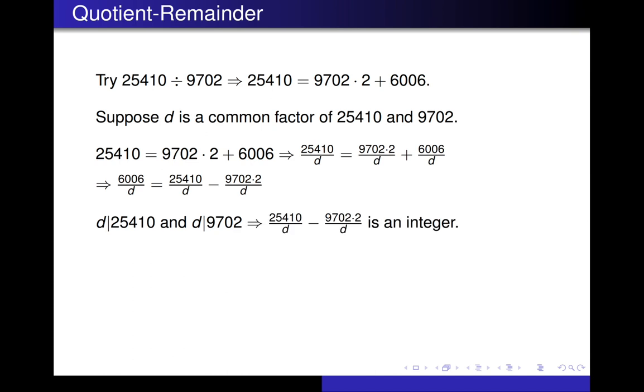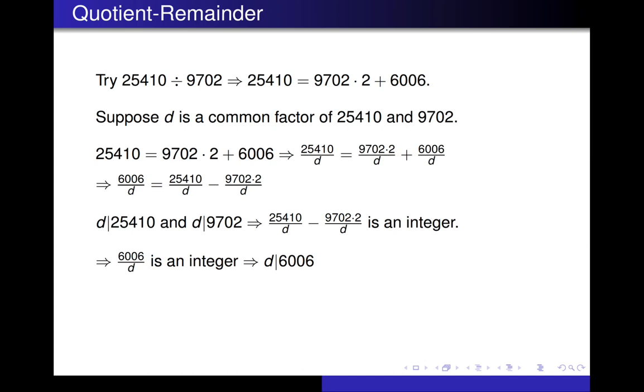And what that tells us is that 25,410 over D minus 9702 times 2 over D is an integer. It divides evenly into the first term. It divides evenly into that 9702, so when we multiply that by 2, also an integer. So everything's an integer there. We subtract two integers, we get another integer. But since that's equal to 6,006 over D, that is also an integer, which tells us that D divides 6,006.